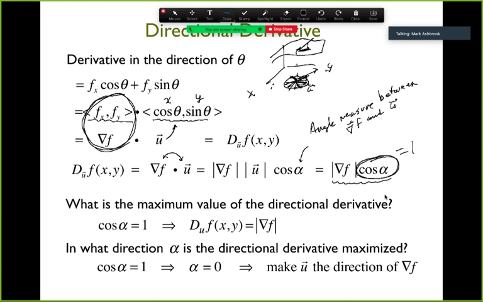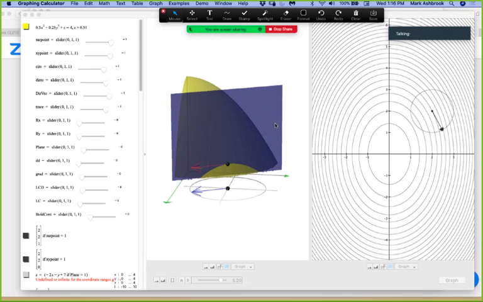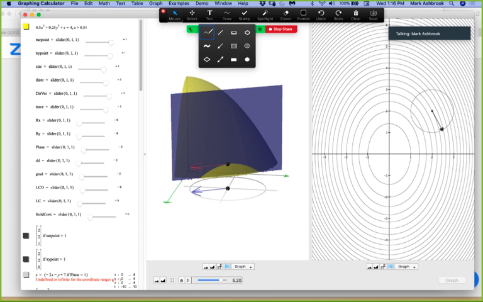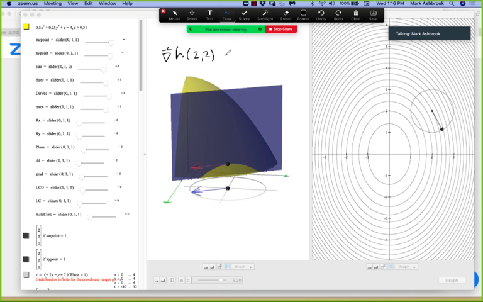Okay, so let's see it in the picture of that example we had. What did we say our partial derivatives were? -2, -1, right? So our gradient that we got from last time, gradient of h at the point 2, 2, was -2, -1.